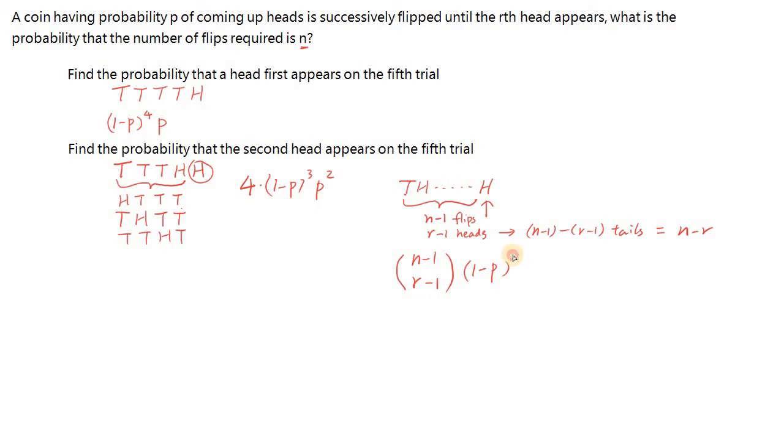So the number of tails is n minus r. And what about the number of heads? Well, it's r minus 1 from the first n minus 1 flips, but then plus the last head. So actually that will be r heads. So there you go.